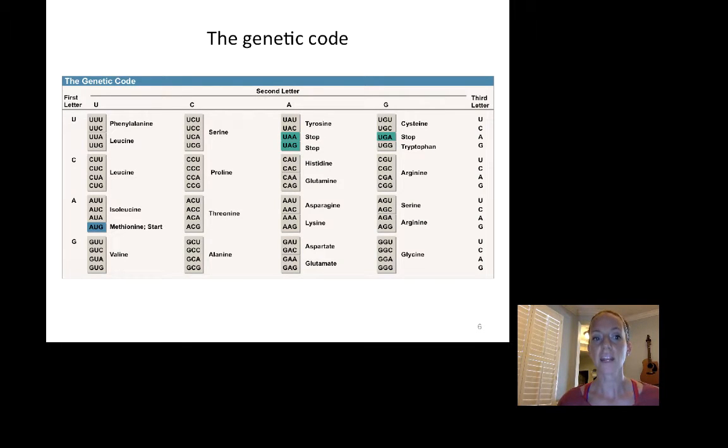So here's the genetic code. So you will notice over here, these are the amino acids: phenylalanine, leucine, isoleucine, methionine, which is also the start codon, valine, serine, proline. These are all amino acids, which you guys do not need to memorize. And then here are the 3 nucleotide bases that encode for that amino acid.